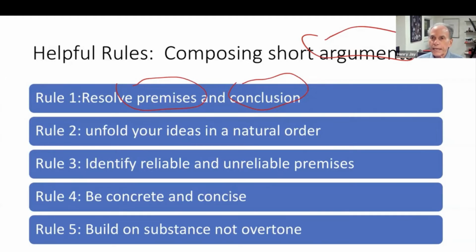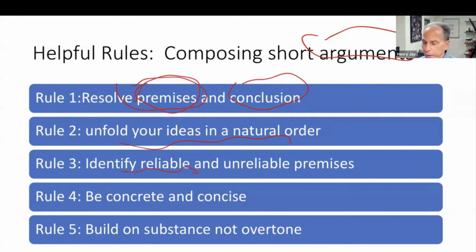If you want your manuscript published, you want to make sure that you have all the necessary premises, all the necessary data. You want to unfold your ideas in a natural order. I'll go over that in the next slide. This is aspects of good writing.